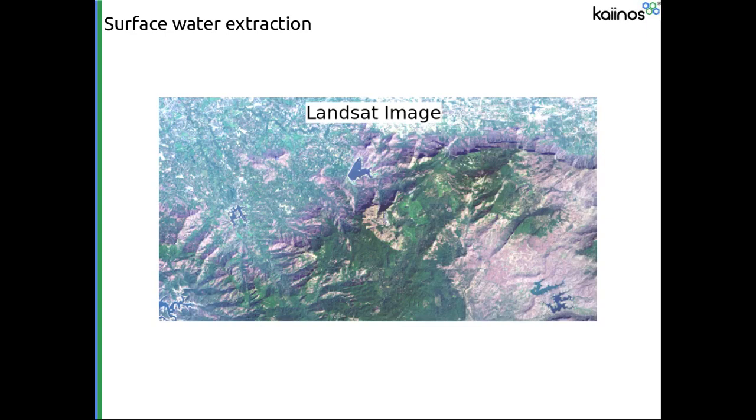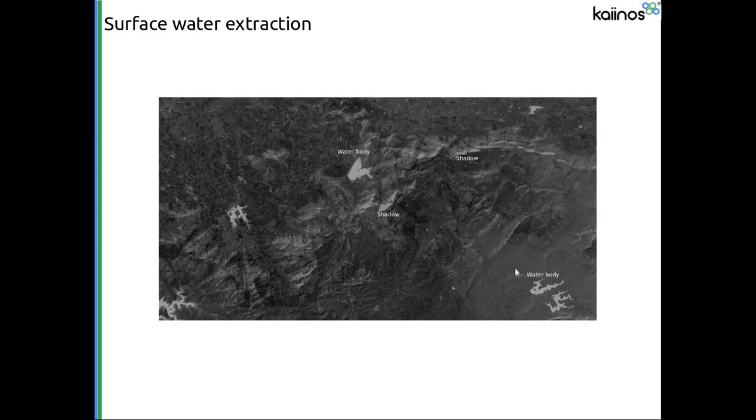So, say for example, we have this image from Landsat and say we want to extract these water bodies. As we can see, there are some water bodies here. So, there are some tools or indexes. NDWI is one such index where we take a combination of different spectral bands and then generate this kind of an image by using mathematical normalization.